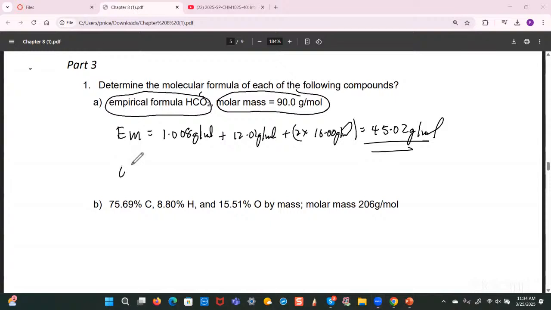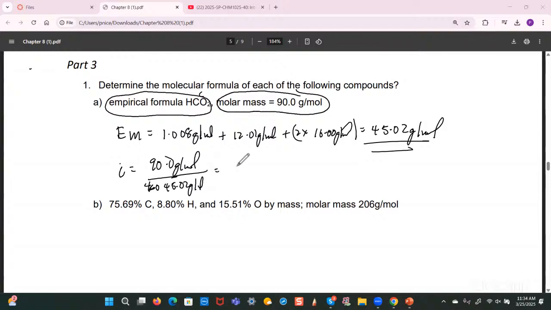So that would give us the integral factor. So 90.0. By the way, who said that? Stephanie. Okay, very good. So yes, you're absolutely right. You divide the molar mass by the 45.02 grams per mole, right?